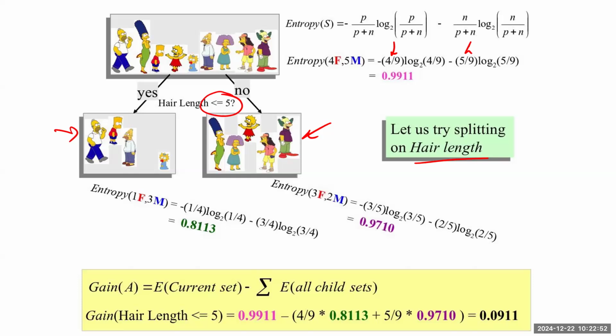But the coefficient is the proportion of the data. On the left side, you have 4, so it's 4 over 9. On the right side, you have 5, so it's 5 over 9. And then you compute this value, you get 0.0911. So this is the score of the hair length split.